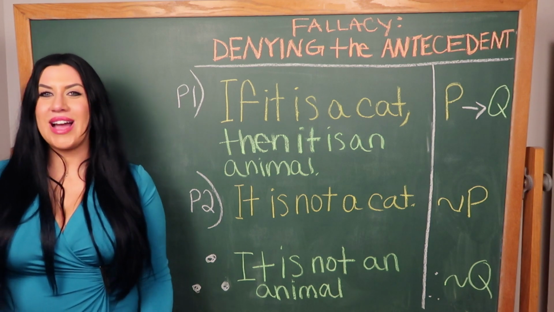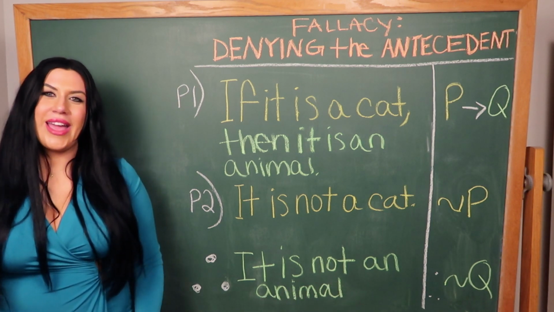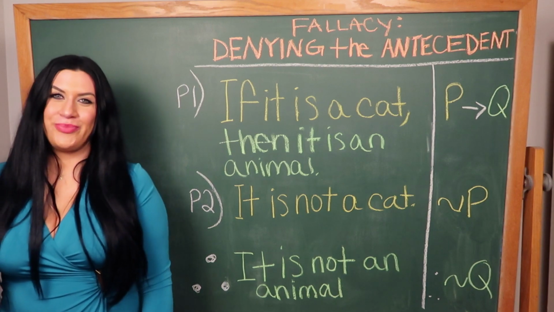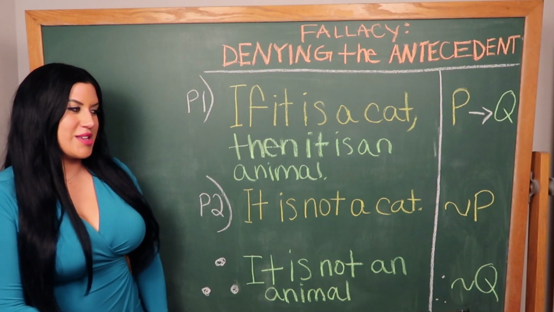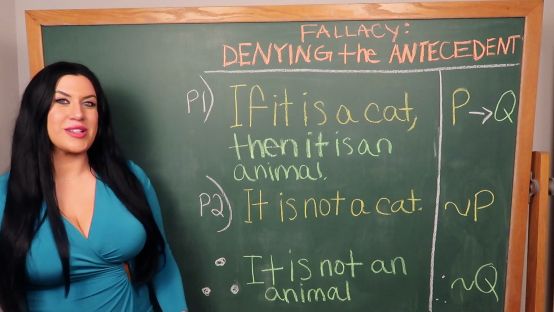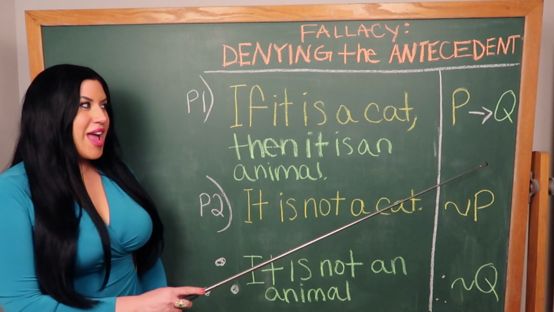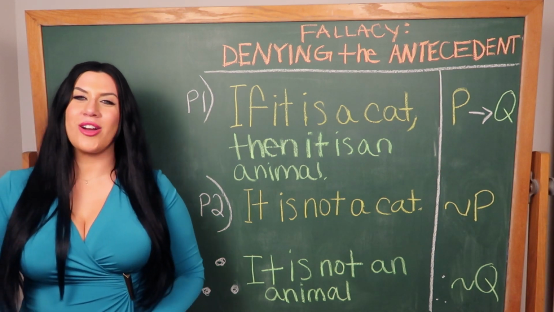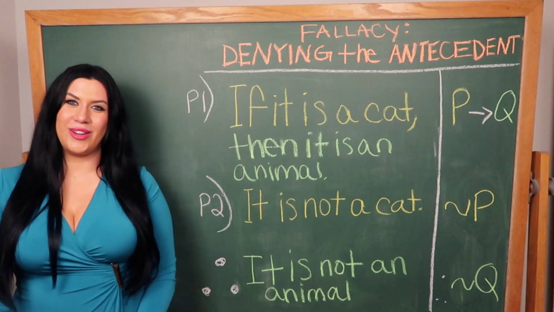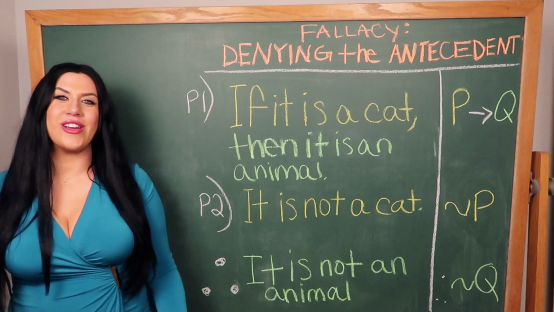The reasoning is not sound, the conclusion does not follow, and it's not true. So keep in mind that just because this formula here looks similar to Modus Tollens, it is not. If you use this formula, your reasoning falls apart, it's not credible, and it's not valid. So be sure to be able to recognize this common error in reasoning.